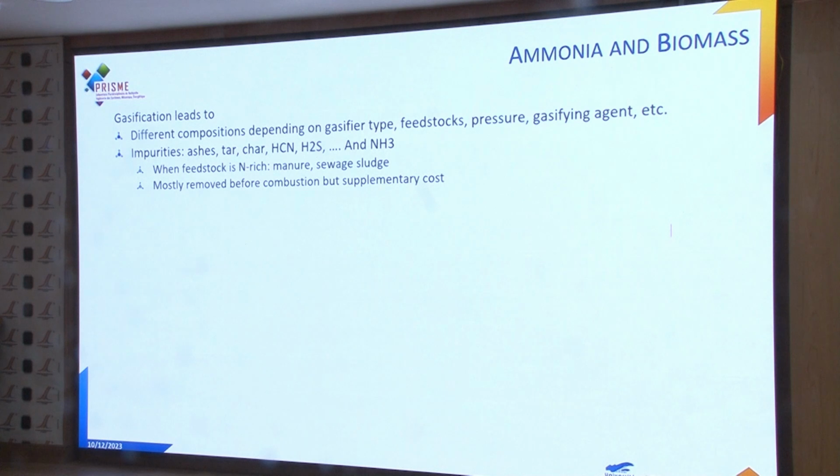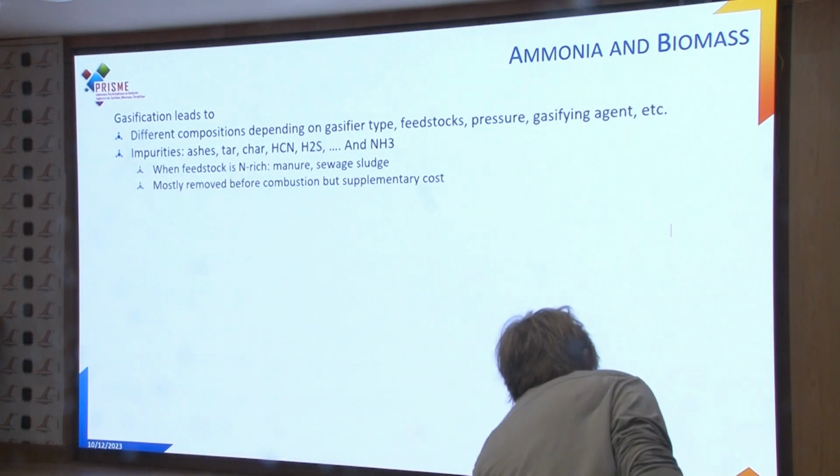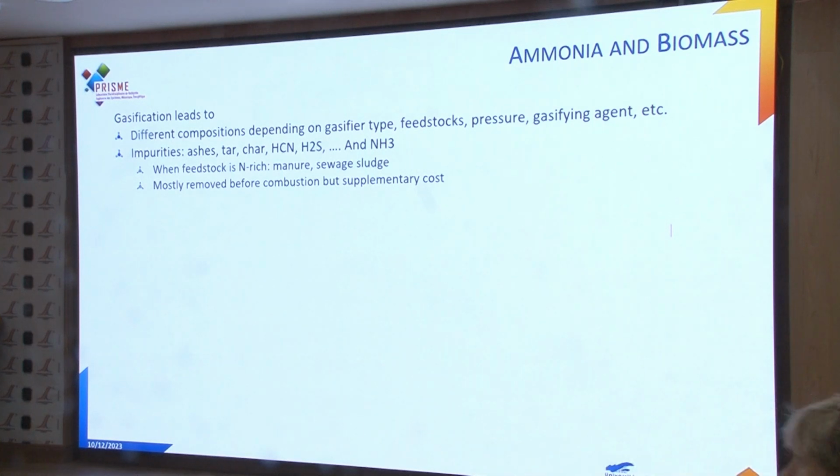And you can also have different amount of impurities, which can be ashes, tar, char, HCN, H2S, and ammonia. And we get ammonia, especially when the feedstock is nitrogenous rich. So basically when you are dealing with manure, so chicken manure, pig manure, such like this, or sewage sludge.